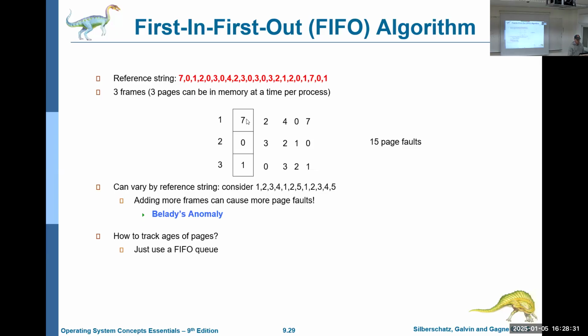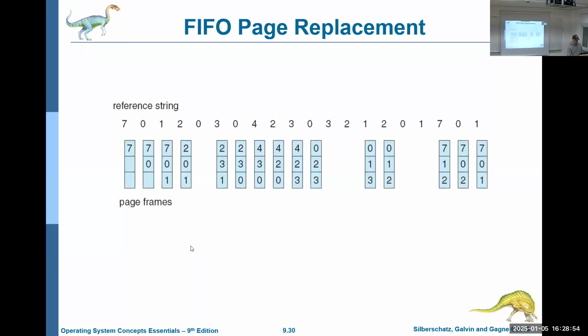I would still kick out 7 when 2 came along, even though it's the most recently used, because it was the first one in. You see what I'm saying? FIFO just tells me who got into the list first. I kick that one out first, even if it was recently used. So we could not track age, we could just do the FIFO.